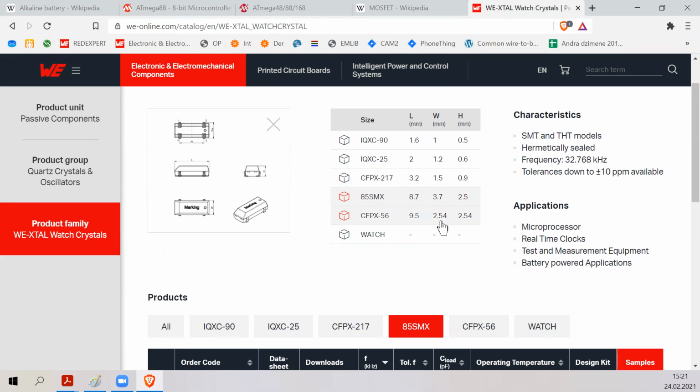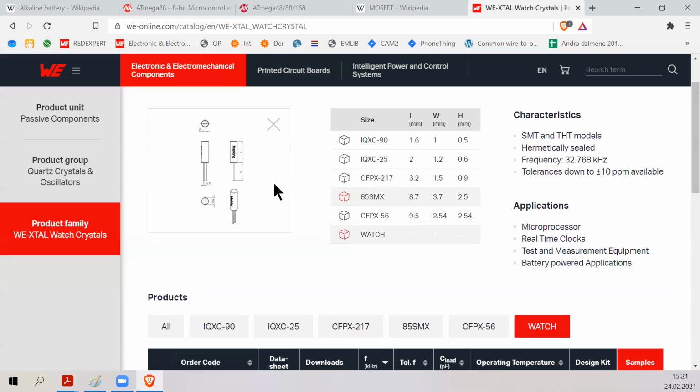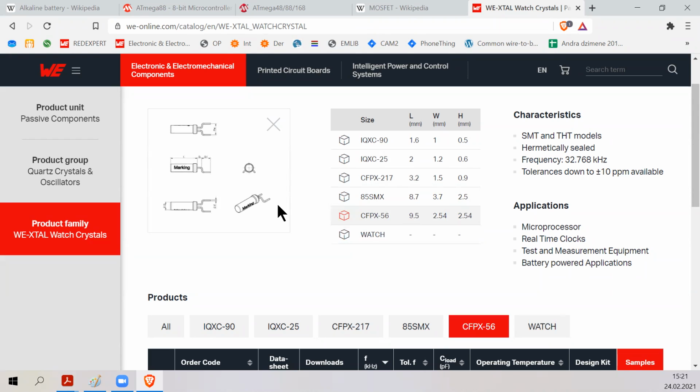And then these big packages, and also this watch type crystal. This is probably the cheapest package. These two round cylinders are the cheapest packages, but the problem is that they're very hard to solder to the board.